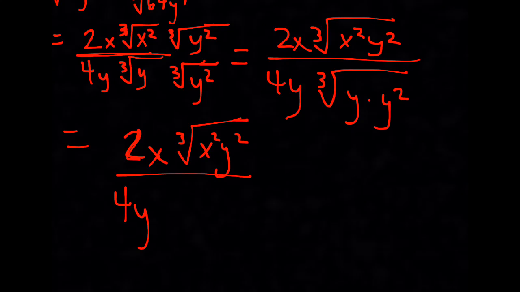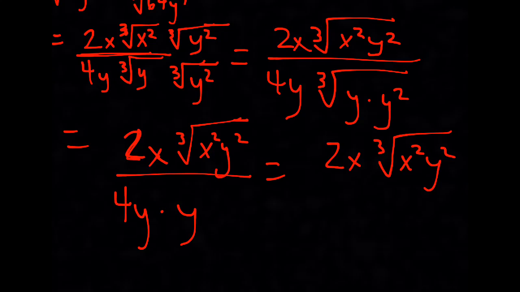And on this bottom over here, if I multiply y times y squared, I'm going to get what? Y to the third. And the cube root of y to the third is going to be what? Y. So I'm just going to have a y on the bottom. So I'm just rewriting the top.